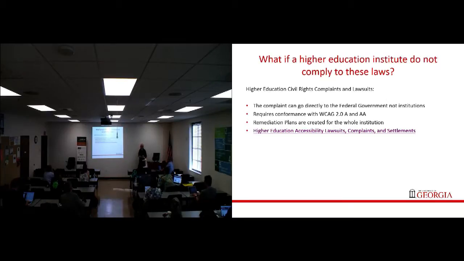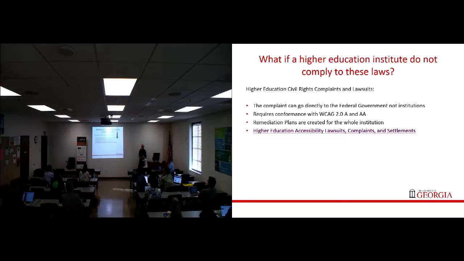And they don't necessarily come straight to you to sue you. They go straight to the federal government and sue you through that. And then the federal government comes to your institution, and they will evaluate the whole institution.